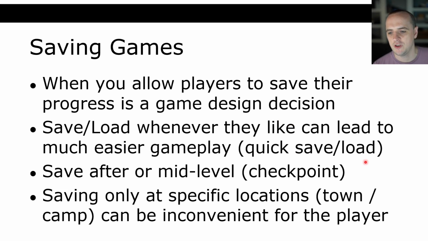Or maybe you only want to be able to save at specific locations, like if you're in a town or at a camp in the wilderness, which is by design supposed to be inconvenient for the player, right? You don't want players to be able to save right before their attack hits to see if they can reload for the crit or something like that. There's got to be some sense of danger without infinitely reloading the game.